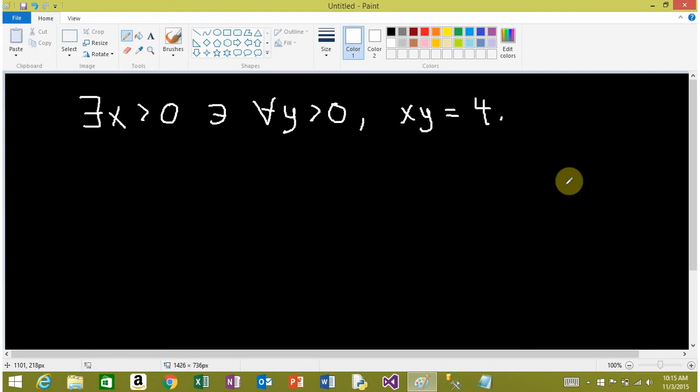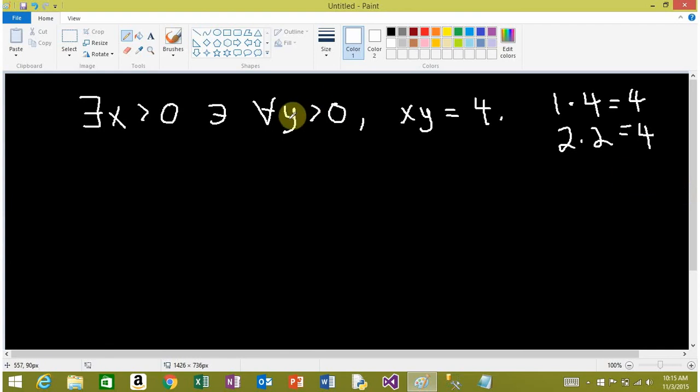Well, since x and y are both positive numbers, if we multiply two positive numbers, we get a positive number. And we know possibilities of multiplying two positive numbers to get 4. If we did some scratch work to the side, we get 1 times 4 is 4, and 2 times 2 is 4. Those are main possibilities there.